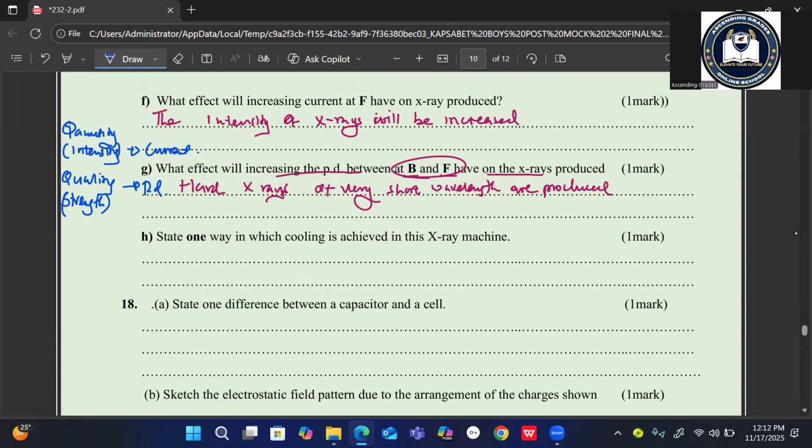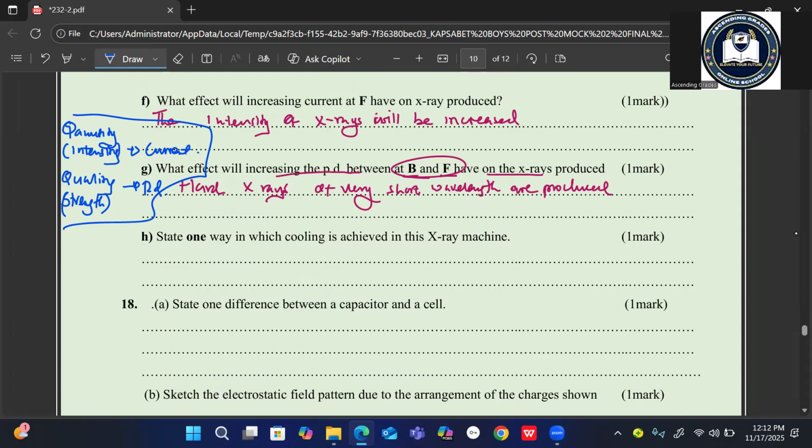So since now the potential difference has been increased, hard X-rays are being produced. This is just mentioned as a by the way, because you can find the question turned otherwise.